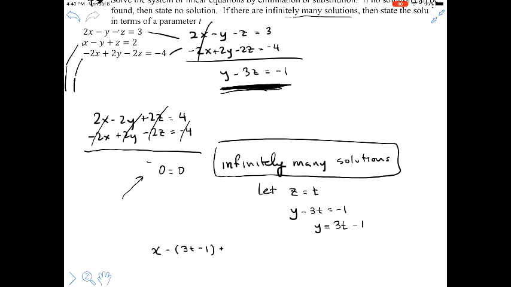And then instead of plus z, it's plus t, equals 2. And then I'm going to distribute that minus sign, so x minus 3t plus 1.